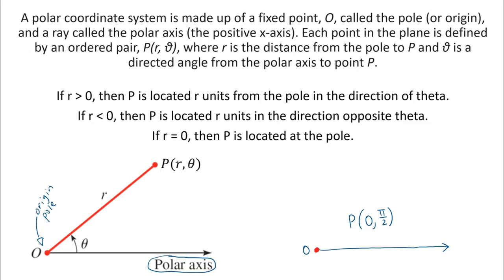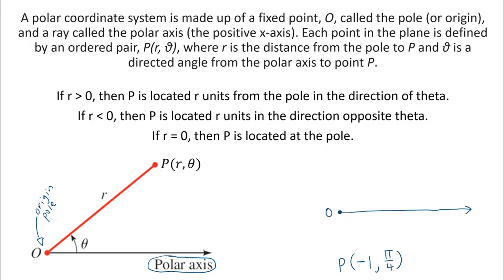Let's look at one more example. What if we wanted to label the point P, which is (-1, pi over 4)? We would begin by creating an angle from the polar axis of positive pi over 4 units. But in this case, we notice that our r is negative.